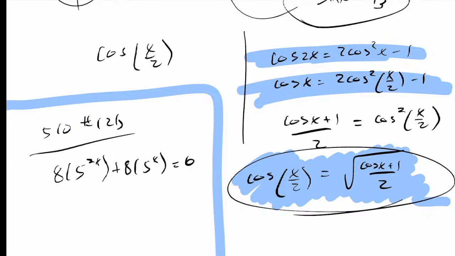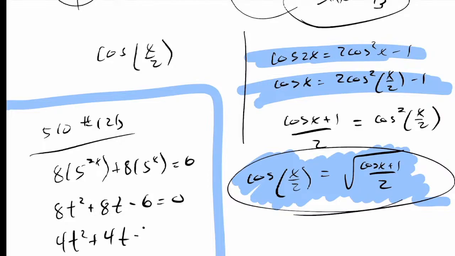You'll just treat this like a quadratic. This will be 8t squared plus 8t minus 6 is 0. I divide across by 2. We get 4t squared plus 4t minus 3 is 0.